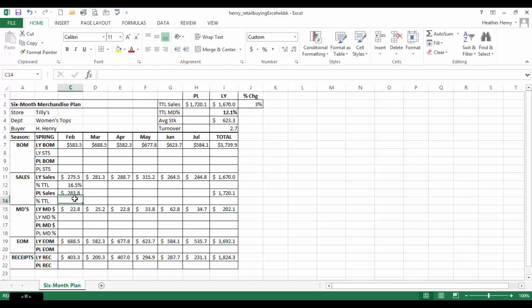Let's go ahead and double check this number, and we will also take our $283,800 and divide it into our total sales plan for the year. Convert this to a percent, and once again we are getting that 16.5%, so we know we have calculated that number correctly. We will now go ahead and apply the same relationship to the remaining months.